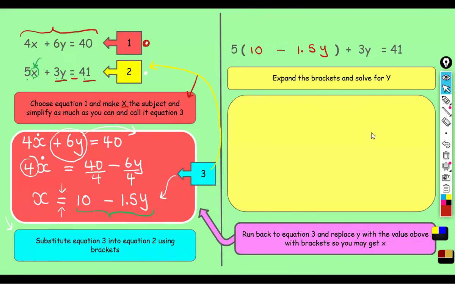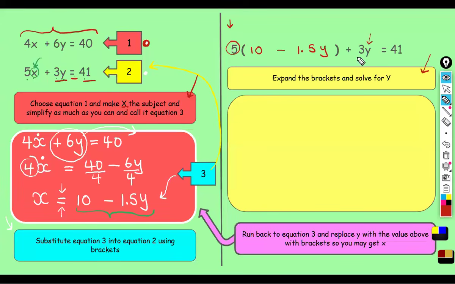All right. So here's what you're going to do now. In maths, whenever you have brackets and something outside, you need to multiply out the brackets. So we're going to get rid of these brackets. We're going to multiply everyone in these brackets by the value outside, 5. Oh, sorry, take down this note. This note really means we're going to get rid of the brackets and solve for y. You notice your equation doesn't have the letter x anymore.